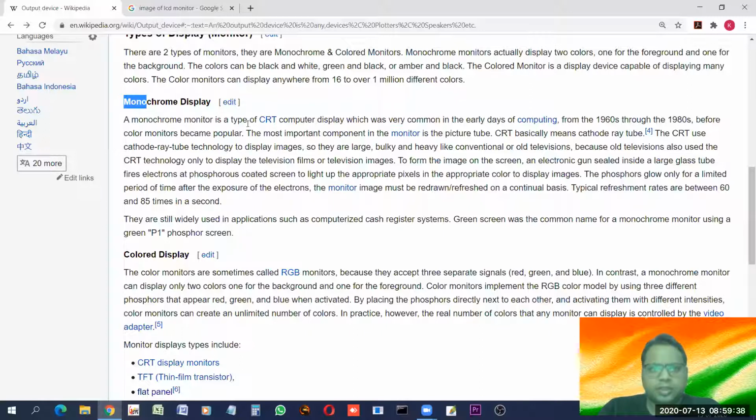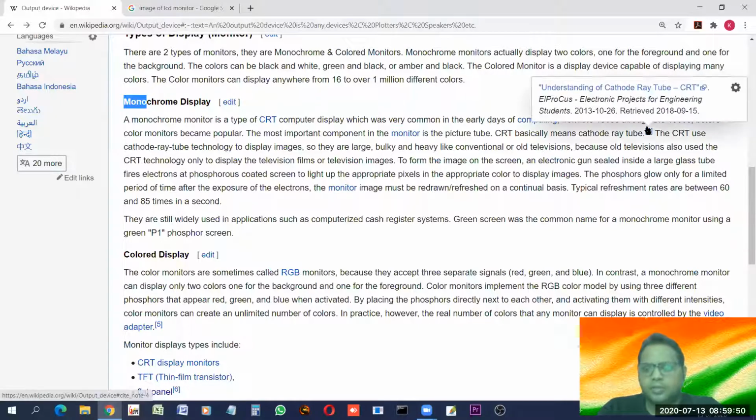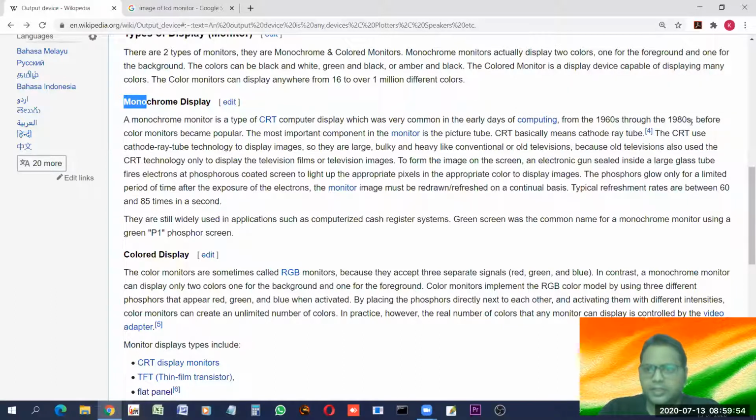It is an older technology which uses CRT computer display, which was very common in the early days of computing, from the 1960s through the 1980s. Till then, monochrome displays were used. This whole decade of the 1980s, these were used before color monitors became popular. After that, color monitors started coming.